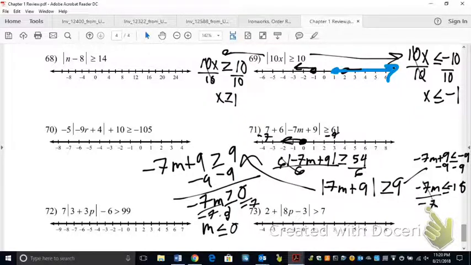We divide by negative 7, and because we're dividing by a negative, we switch it once again. So we get m is greater than or equal to 18 over 7. That's a little bit over 2, 2 and 4/7. So that's our dot right there and off to the right. So this again is an or.